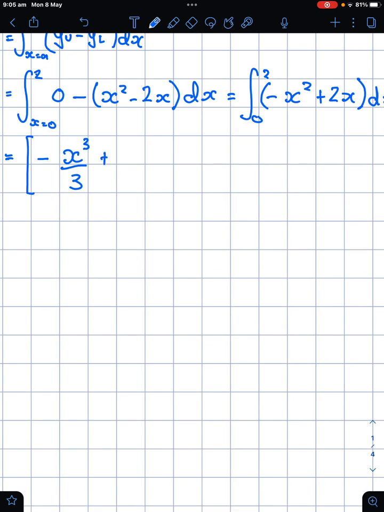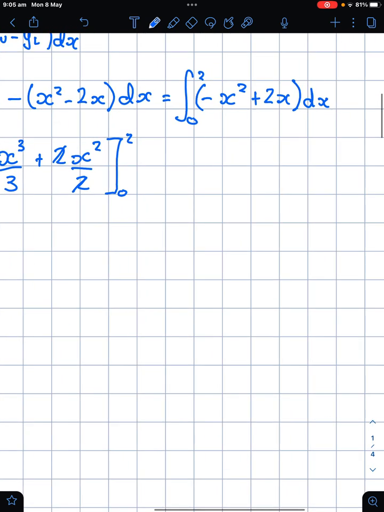So then our next step is plus 2, and then we've got x squared over 2. They will cancel nicely, and we're going to be left with 0 and 2 here. Our next step is to sub the values in.